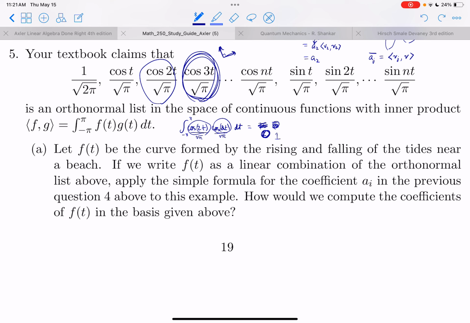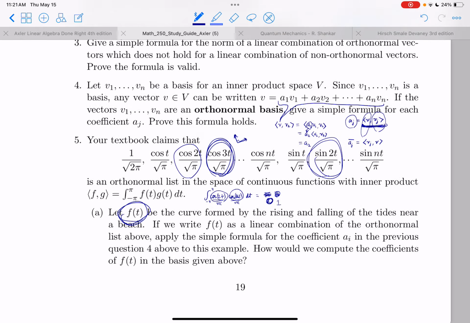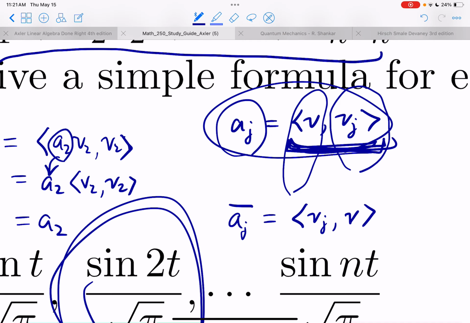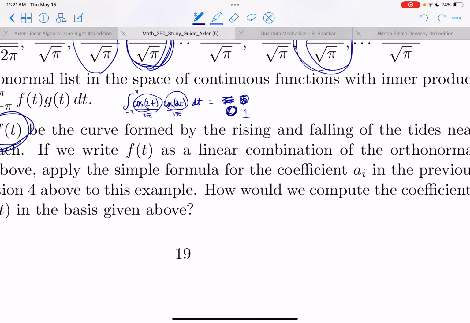So if you have some function like the tides, you've been tracking the tides near a certain beach, f of t is the height of the water at a certain location as a function of time, and you want to know what's its coefficient of maybe sine 2t over square root of pi, well, we apply the previous formula. We can just immediately write down the coefficient. It's a dot product.